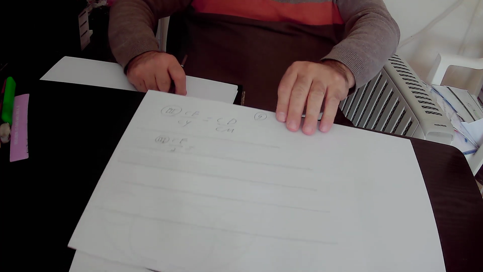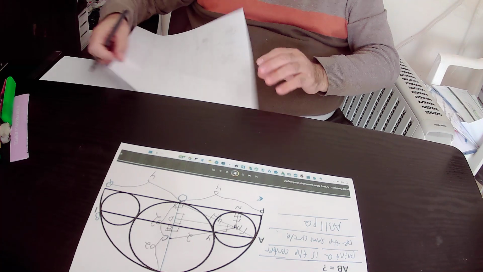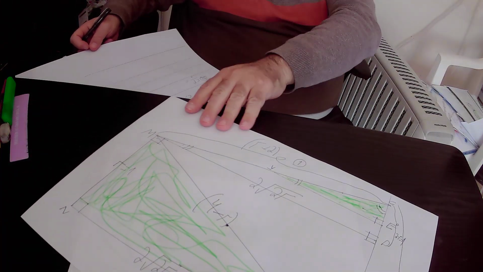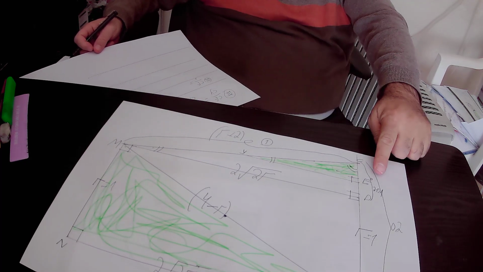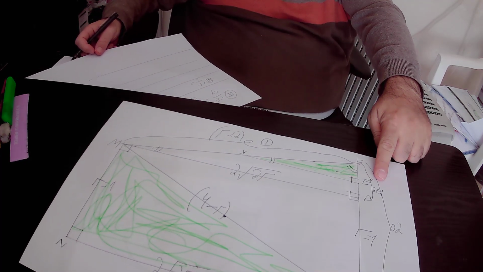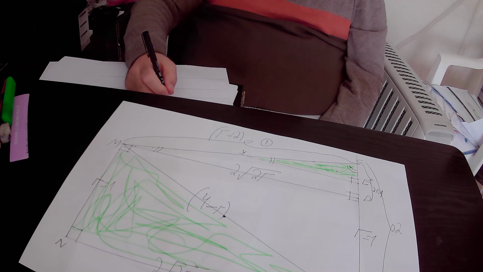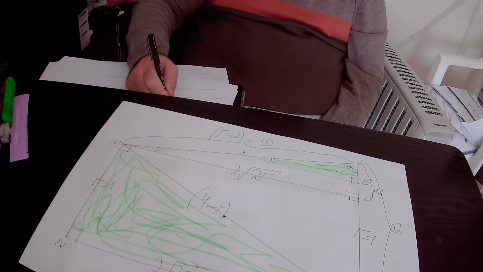And what is the value of CD? The value of CD is actually 1 unit. We already found out that CD equals 1 unit because it is 2 minus R and R is 1. So 2 minus 1 is 1. CD over CM.